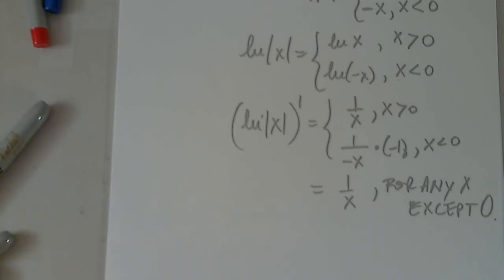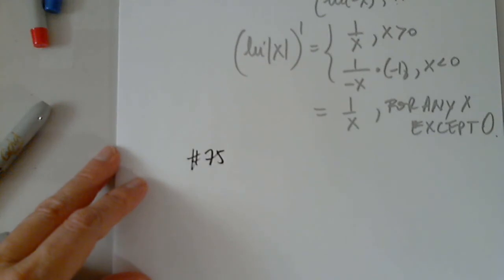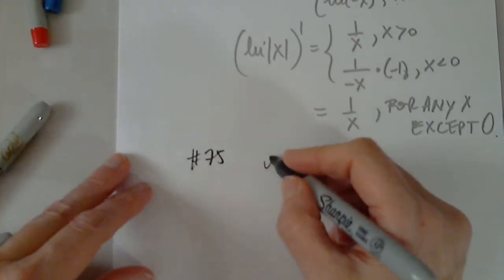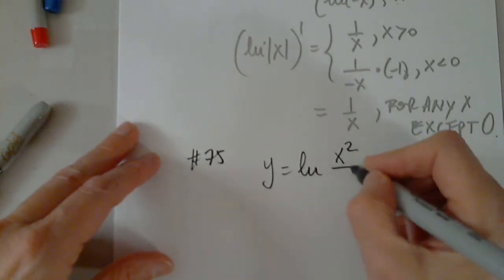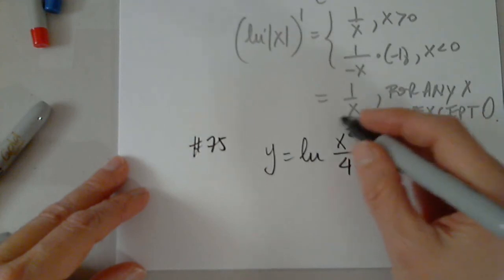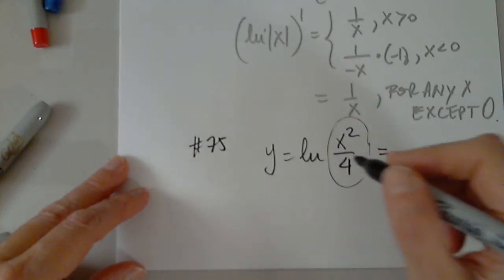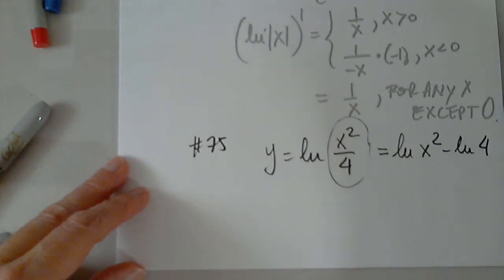Okay, first I would like to choose 75. And you choose the next. So we have a function now that is natural log of x squared over 4. Because I know the quotient rule, I will change this function into natural log of x squared minus natural log 4.